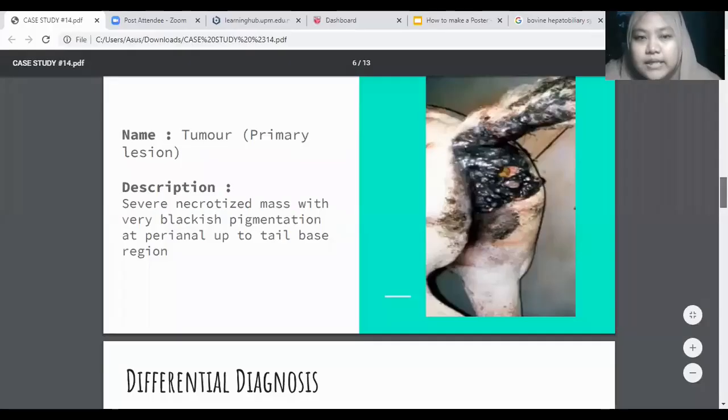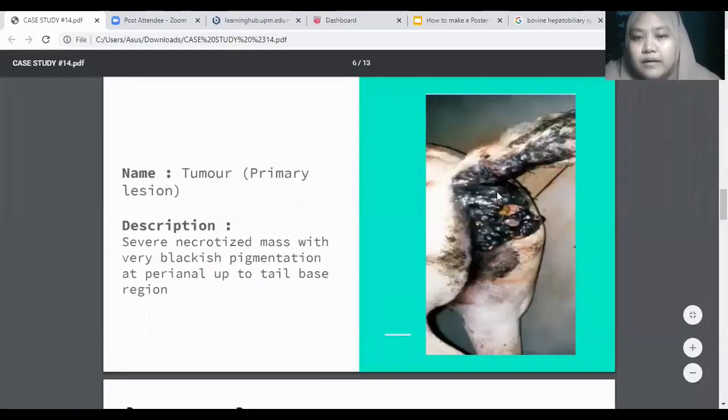Today I'm going to present picture number 3 and our differential diagnoses for this case. For picture number 3, we can say this is a primary lesion.